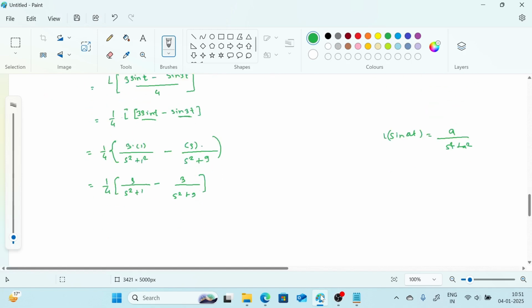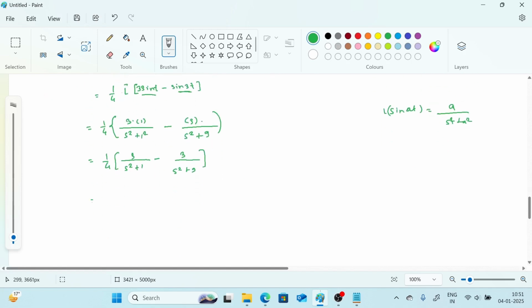If I take 3 outside, then I will get 3 by 4 into 1 upon s square plus 1 minus 1 upon s square plus 9. This is the value of Laplace sine cube t.